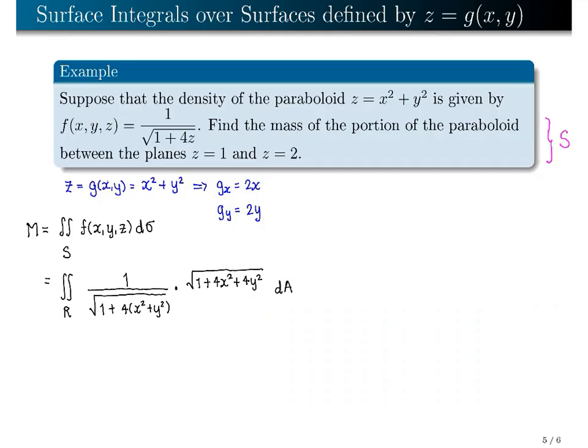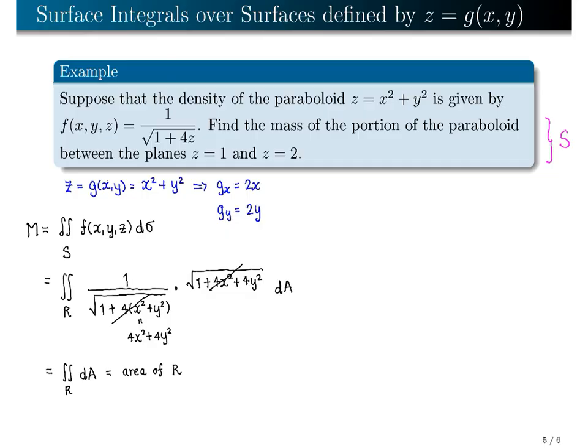Note that if we multiply out 4 here, we obtain 4x squared plus 4y squared. And we see that these two expressions are equal and they cancel out. Hence, we are left with the double integral of dA over the region R, which is simply the area of region R.